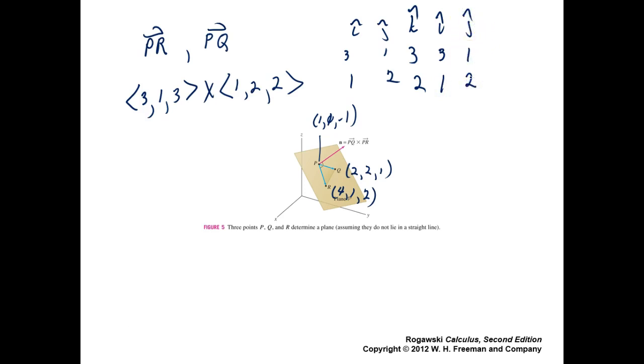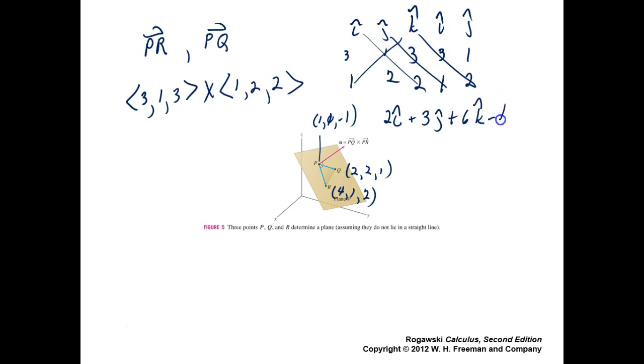Okay? And now you sort of do like you're going to do a determinant. Okay? And you do this. That would be 2i, you're multiplying down, plus 3j, plus 6k.